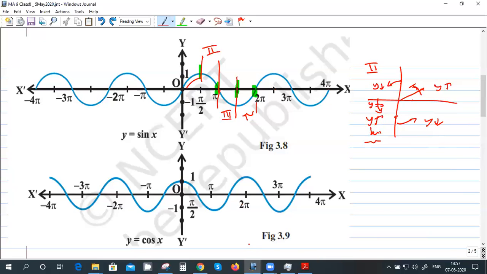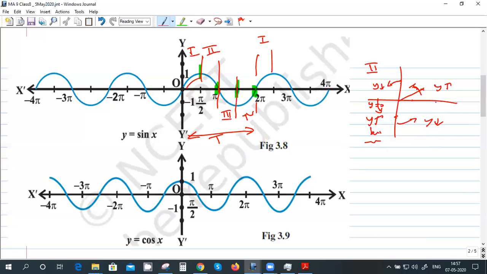And after the fourth quadrant, this one is a repetition of the first quadrant. Whatever has happened in the first quadrant, the same thing will happen here, because after one complete revolution it is the same thing. That's why the period is 2 pi, because after this it's going to repeat.